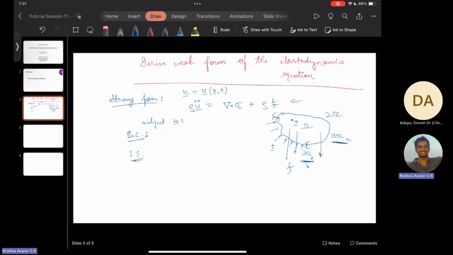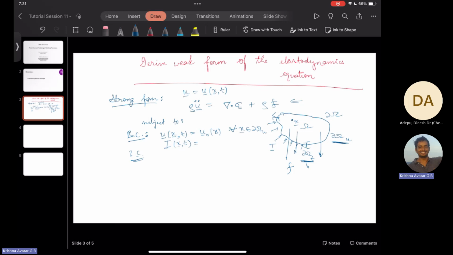So the boundary condition means that U vector at X vector comma T is equal to some U naught vector at X vector for all X vector an element of partial omega U, and then some traction vector at X vector comma T. Let me call this traction capital T, just not to confuse here.